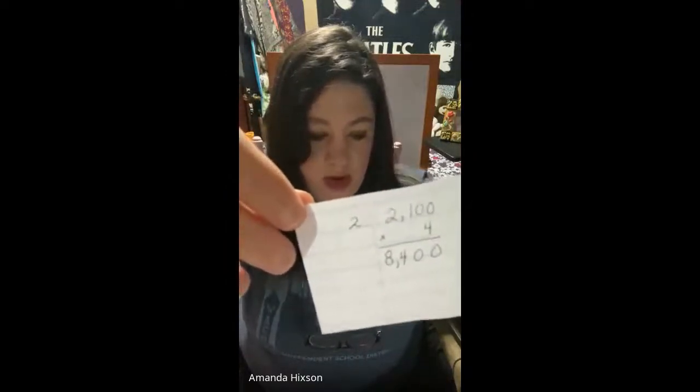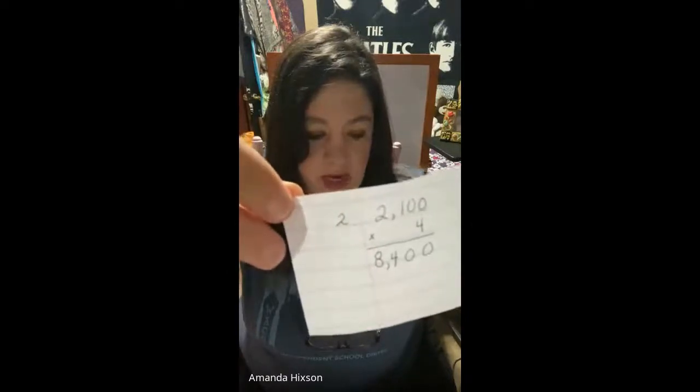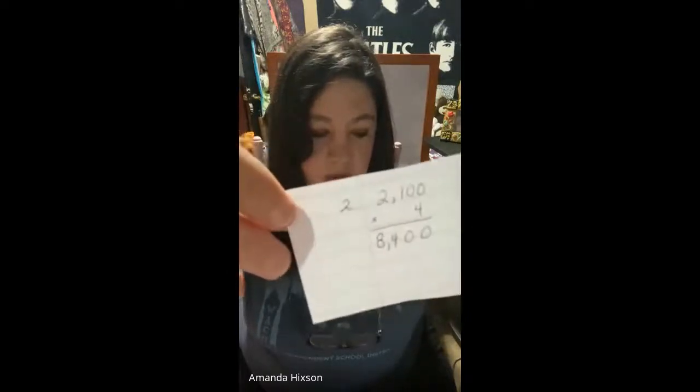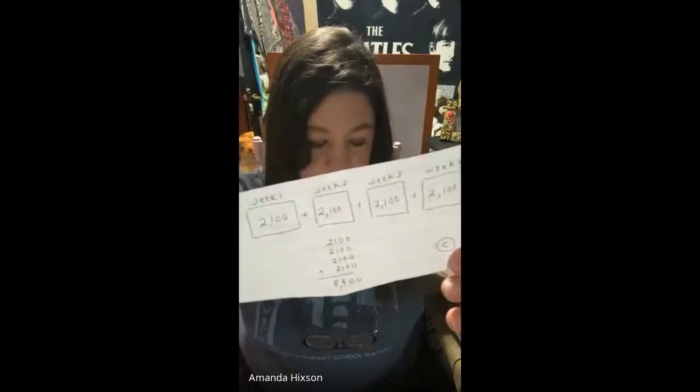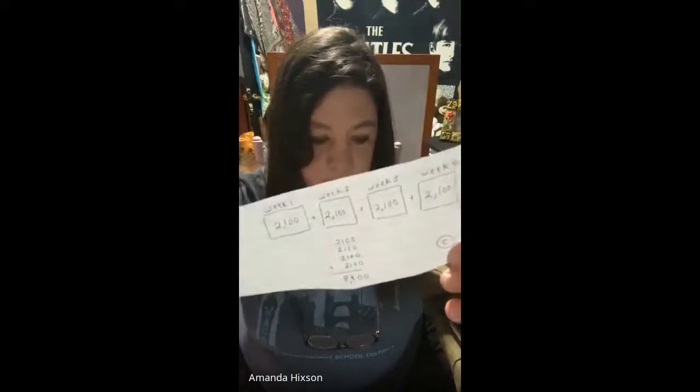For doing the problem in our standard way, 2,100 times 4 equals 8,400. And I drew a picture of the visual. I put that week 1 passed by and they did 2,100 miles.